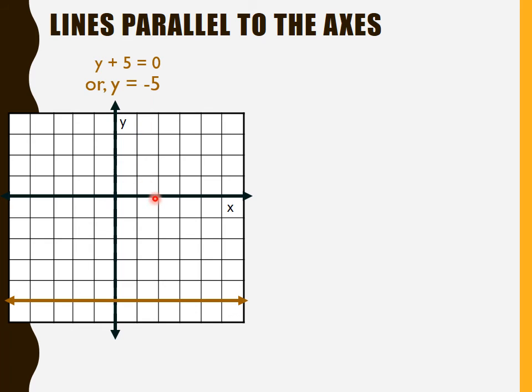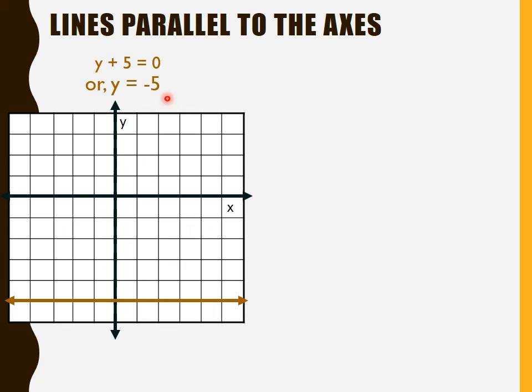Similarly, for x equals 1, since there is no term in x, we can simply write that y will be again minus 5. So similarly, the second solution will be 1, minus 5, followed by 2, minus 5, 3, minus 5, 4, minus 5. In the negative direction, minus 1, minus 5, minus 2, minus 5, and so on. So whatever be the value of x, y will always remain constant as minus 5.